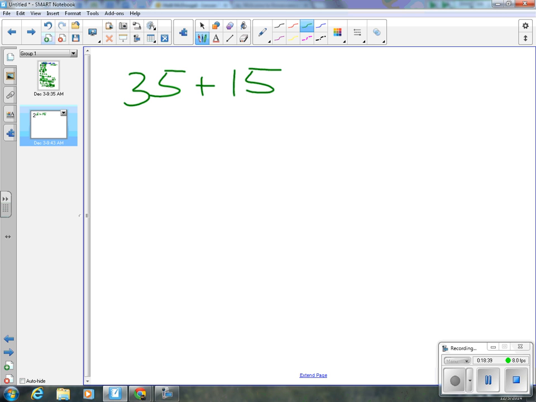It is 5. The greatest common factor is 5. So in order to get it in this form, A times B plus A times C, A is 5 times what is 35? 7. Plus 5 times what is 15? 3.